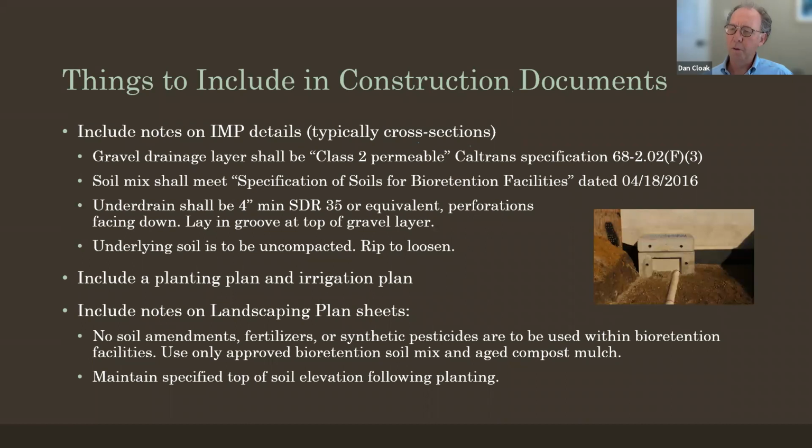I think many of us have seen the situation where the civil contractor did their job correctly, everything's built flat and correctly, and the soil's installed right, and that 6-inch reservoir is there at the top of the facility. And then as the project is wrapping up, the landscape contractor is brought in and hasn't been clued in, and ends up saying, oh, well, that looks a little low, let's fill that up with mulch.